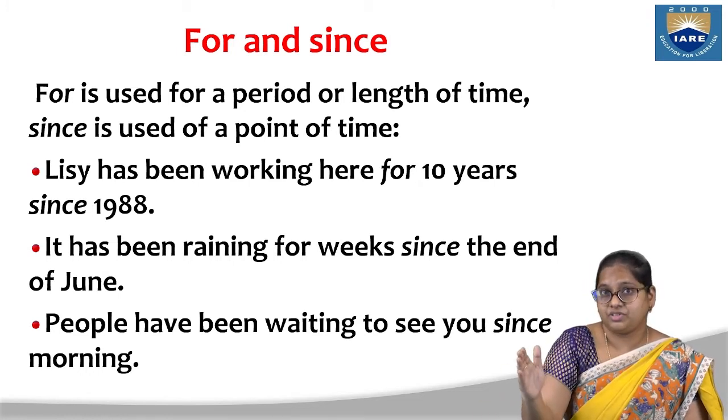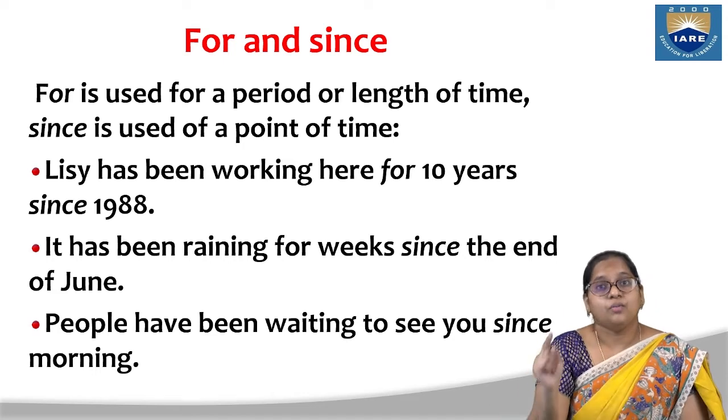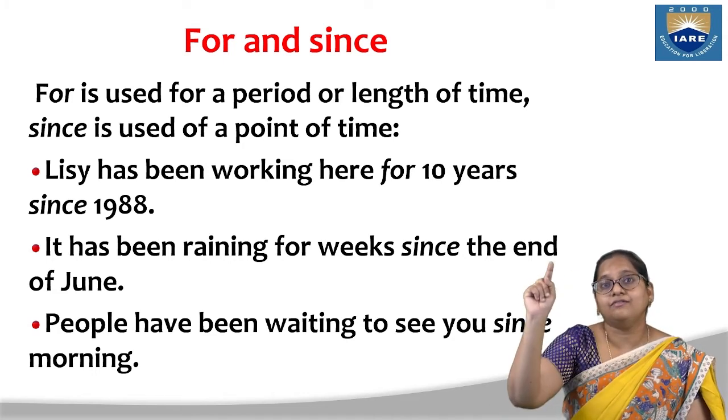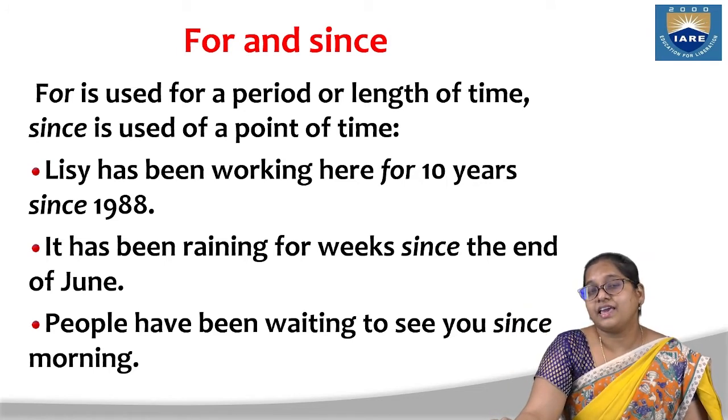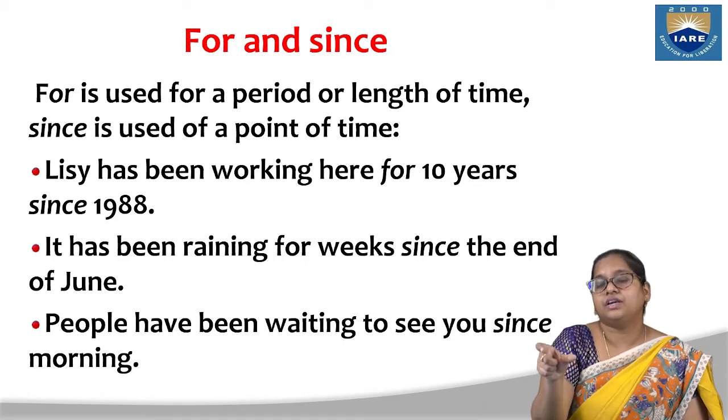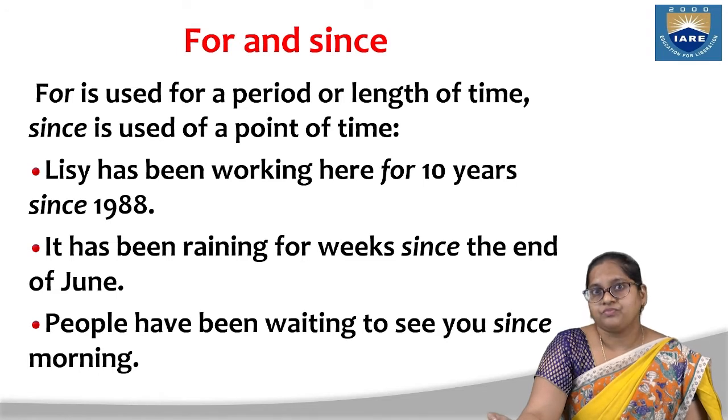Over a period of time, 10 years. When you mention since, you have a specific time in your mind, 1988. When you mention since 1988, you are very specifically pointing out the time.